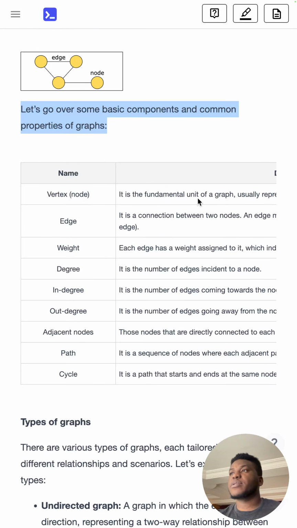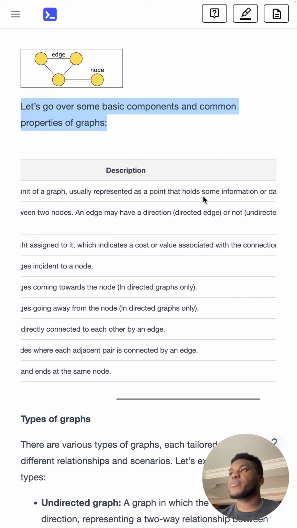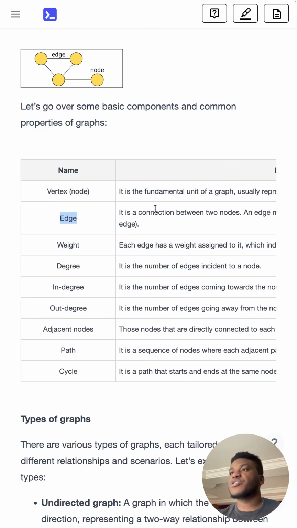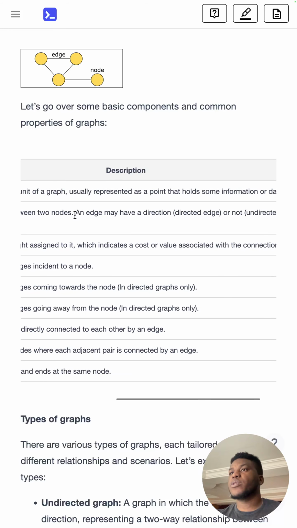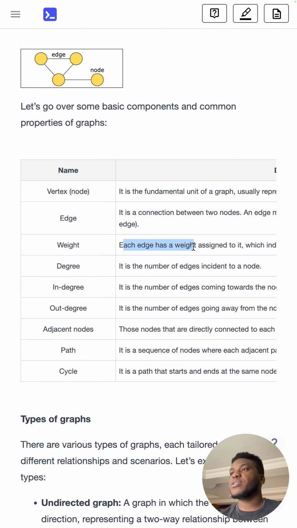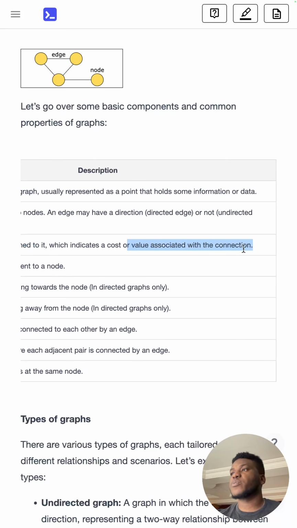So a vertex is a fundamental unit of a graph, usually represented as a point that holds some information or data. An edge is a connection between two nodes. An edge may have a direction, making it a directed edge, or not, an undirected edge. Now, a weight: each edge has a weight assigned to it, which indicates a cost or value associated with the connection.